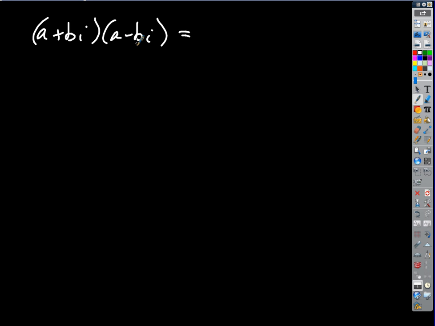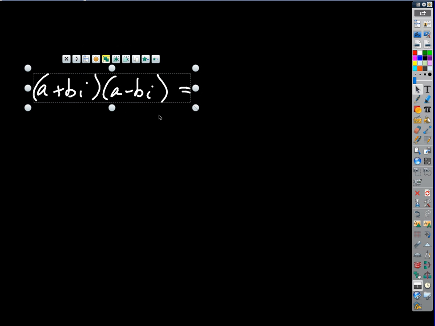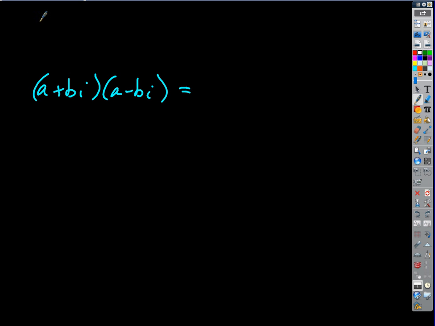We already have this pattern without i's in it, which we talked about a while ago. This is the pattern: a plus b times a minus b just equals a squared minus b squared. But this time we've got i's in that second term.